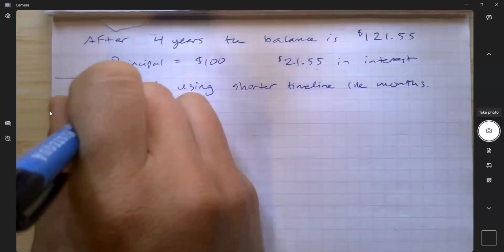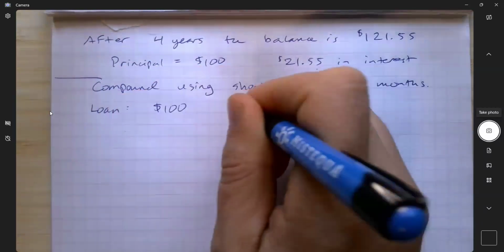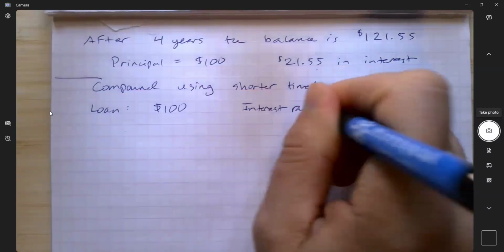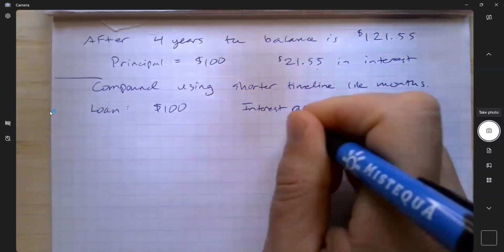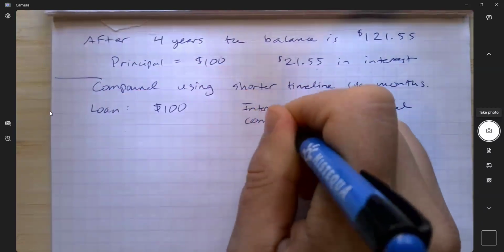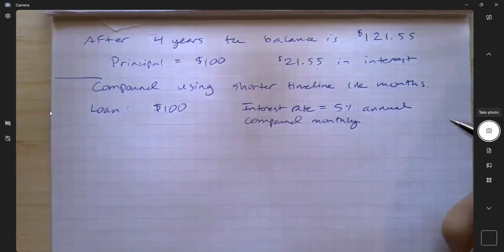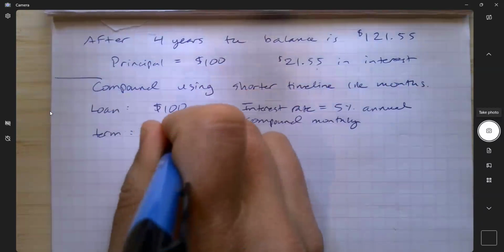So let's take a loan amount of $100. Let's take an interest rate of 5% annual, but we compound monthly. And the term of the loan will be 4 years again.